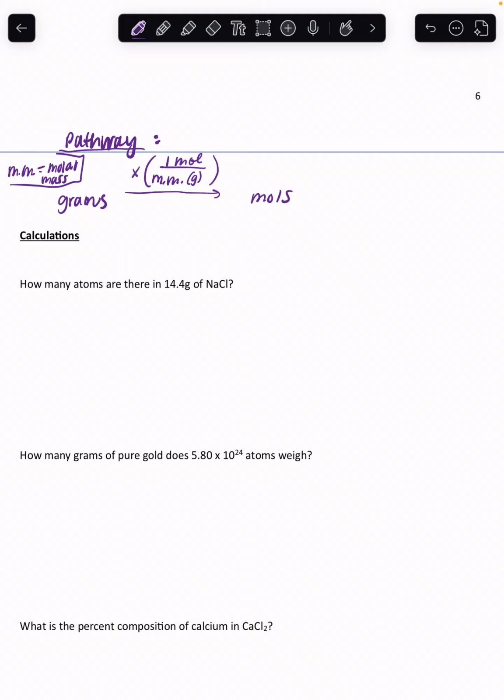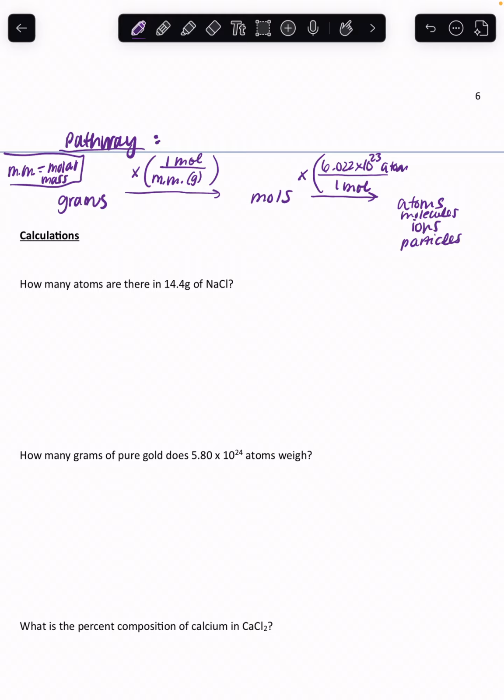Very nice. And if we wanted to go further and take it from moles to, let's say, atoms or molecules, ions, particles, I could go on forever, then we can multiply again. And this time it's going to be Avogadro's number, which you will be provided on the exam, over 1 mole.